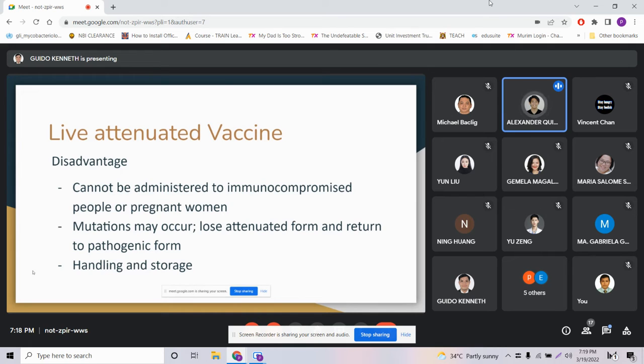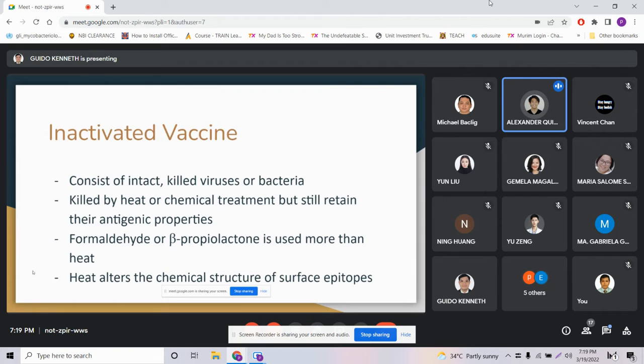Remember our example in polio where the attenuated form of the polio virus returned to its pathogenic form. And of course, another disadvantage is the handling and storage, which may not be available in third world countries. This is because, remember, we are still dealing with a live pathogen. It's just weakened. So those are the limitations.